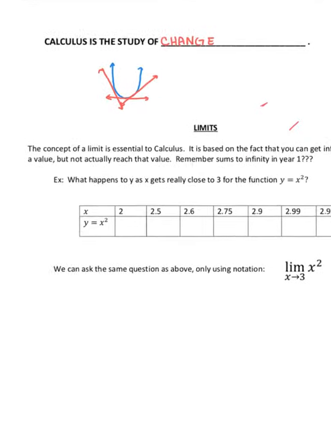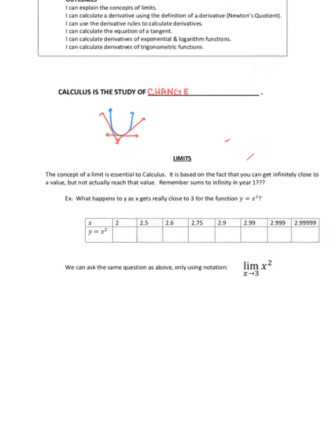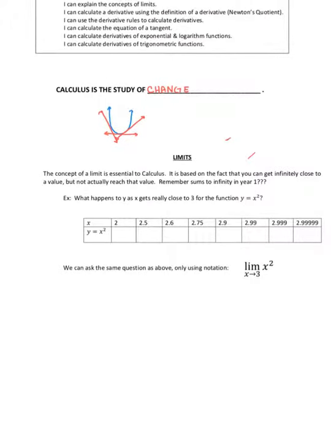Now, let's read this here. It says the concept of a limit is essential to calculus. It is based on the fact that you can get infinitely close to a value but not actually reach the value. And then they say, remember, sums to infinity. So, what happens to y as x gets really, really close to 3 for the function y equals x squared?